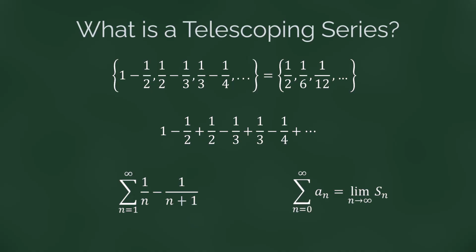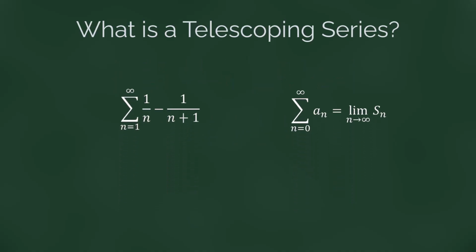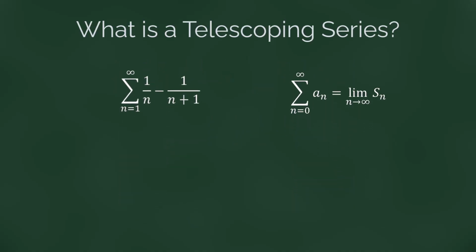The nice thing about telescoping series is that because of the way they're structured, many of the terms cancel out so that their partial sums are easy to evaluate. Let's take a look at the partial sums for our example. So if we consider s sub n, that's going to be s sub 1, which is 1 minus 1/2, so that's when n is 1.